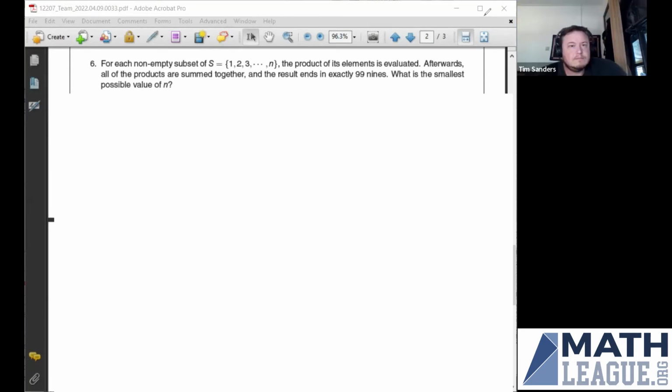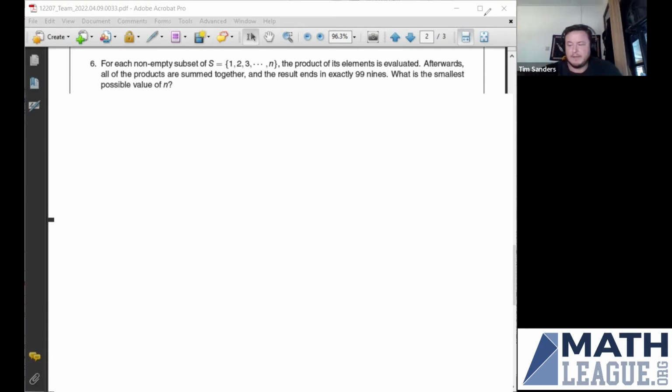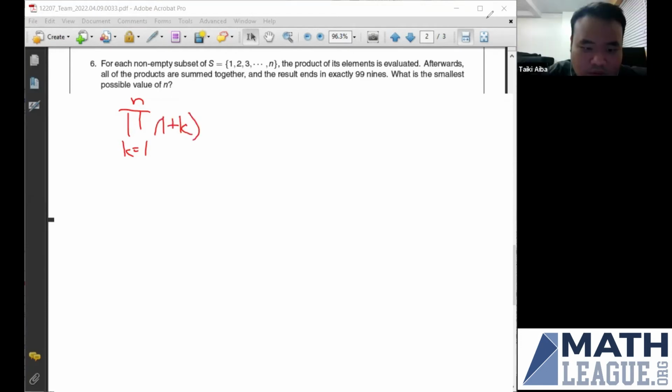So I think that's the sum of the products. Okay. Yeah. So you're saying that the sum of the products is going to be the product from k equals 1 up to n of 1 plus k? Yeah.